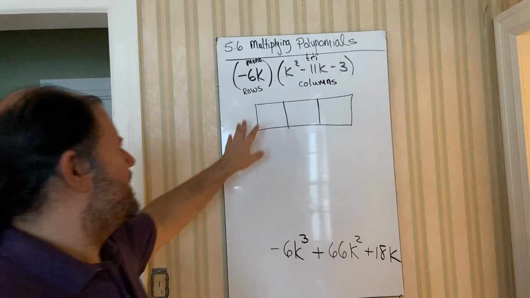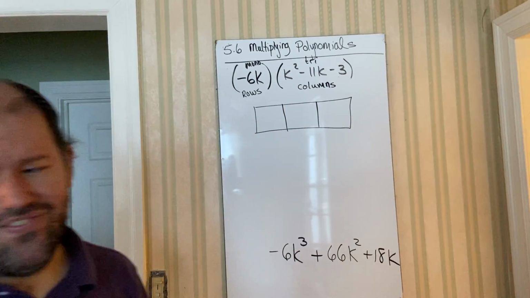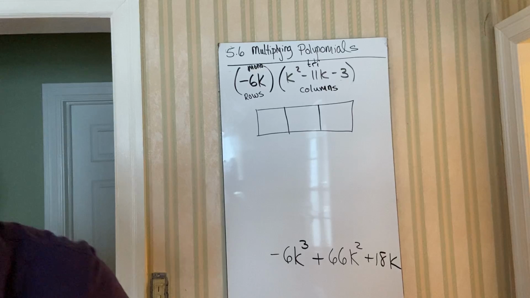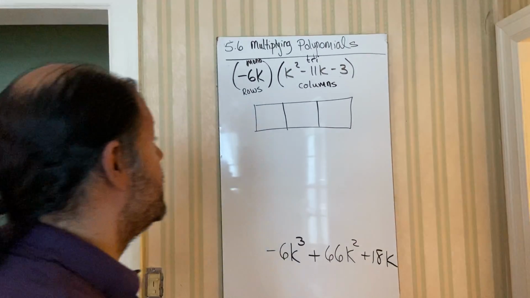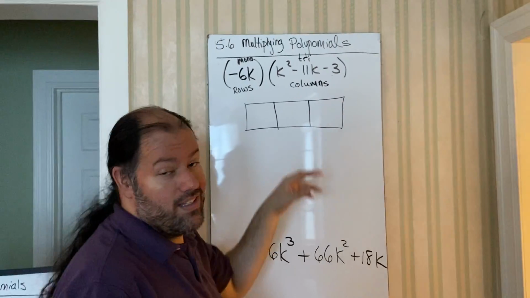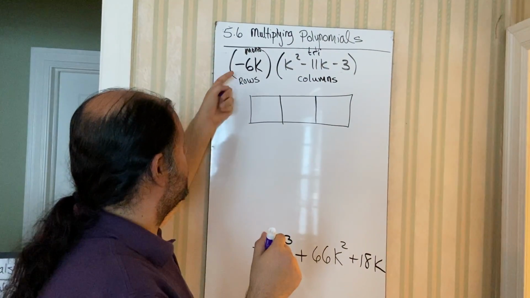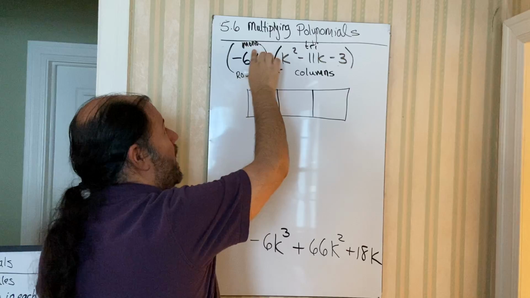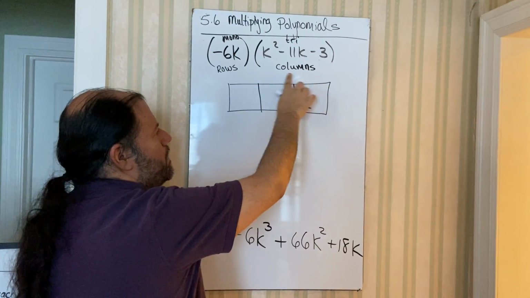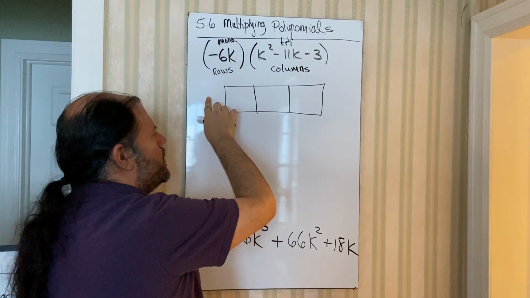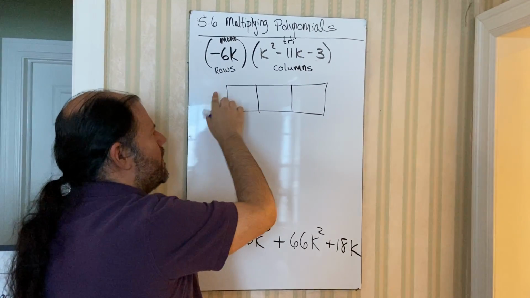For some reason, I usually do this as rows and this as columns, but it's up to you. Once we have that, we're going to place these polynomials on the outside edges. So this one, because it's a monomial, I'm not going to put it here because this is the space for 3. I'm going to put it on this side because there's 1 row.